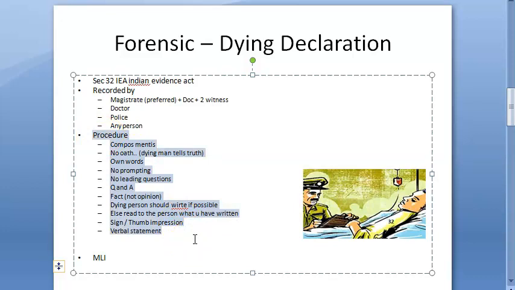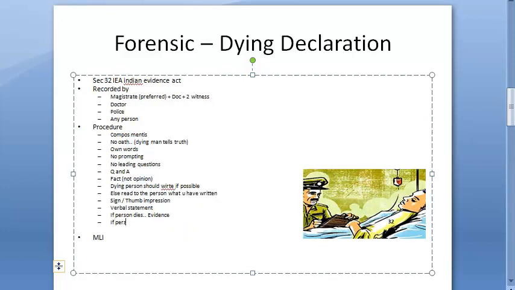It is accepted as evidence in case of death of the victim in all criminal and civil cases. However, if the person survives, the declaration is not admitted, but it has corroborative value. So if the person dies, it is evidence; if the person survives, it has corroborative value.